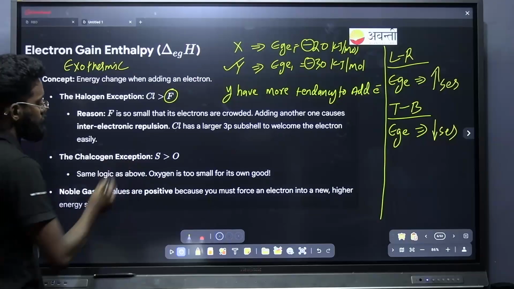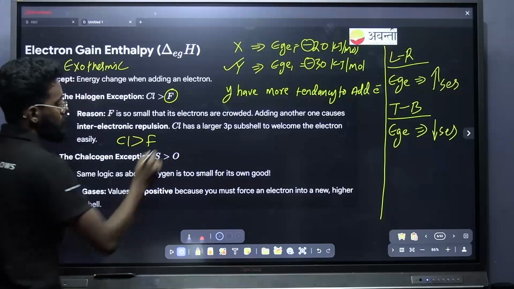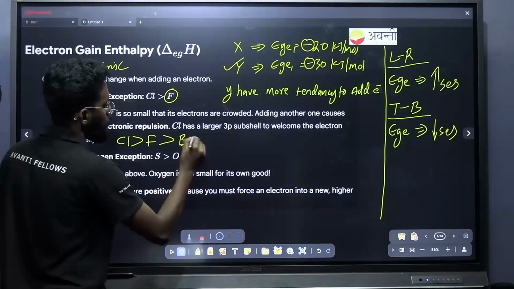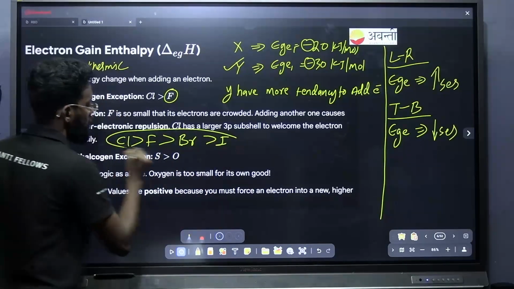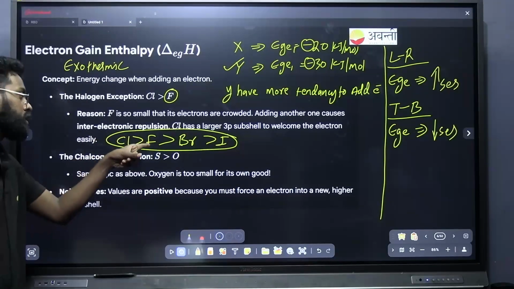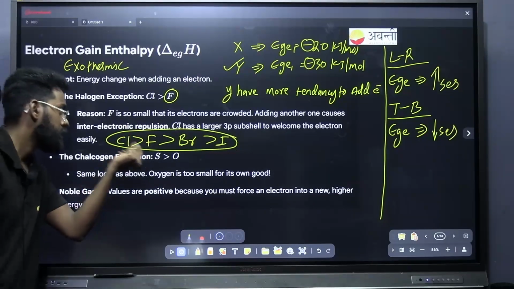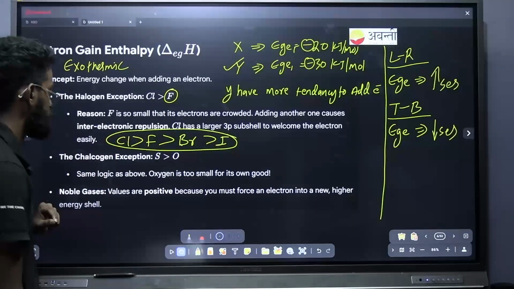And what is the order? Chlorine has the highest among the halogens, then fluorine, then bromine, then iodine. This is the order for halogens, because fluorine has high charge density, so it will repel the incoming electron. Due to that repelling, the electron gain enthalpy value will be less.